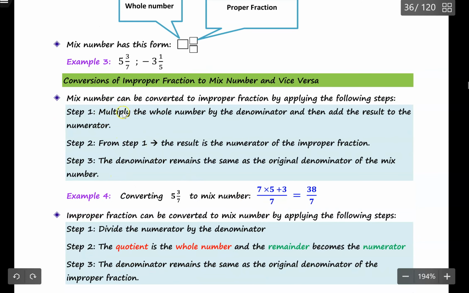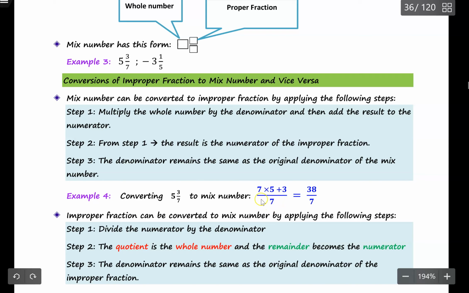All the steps are listed here for everyone. If you want to convert 5 and 3/7 to an improper fraction, you take the denominator, multiply by the whole number, and then add 3. So right here what I have is 7 times 5 plus 3.